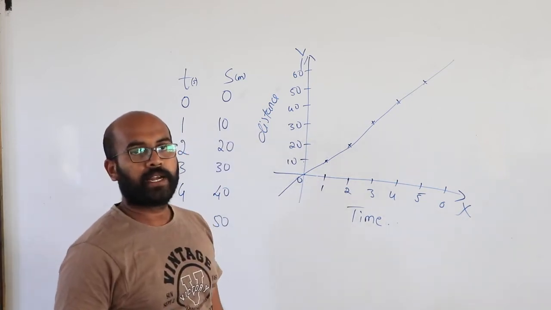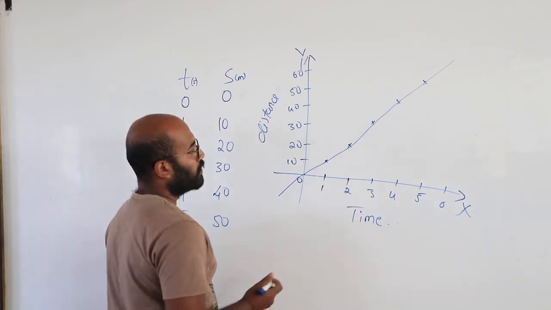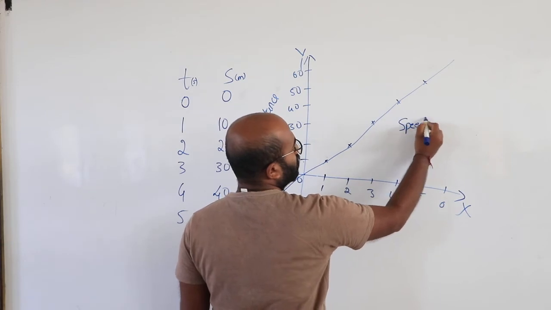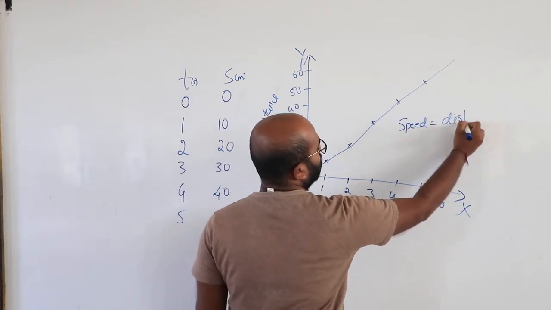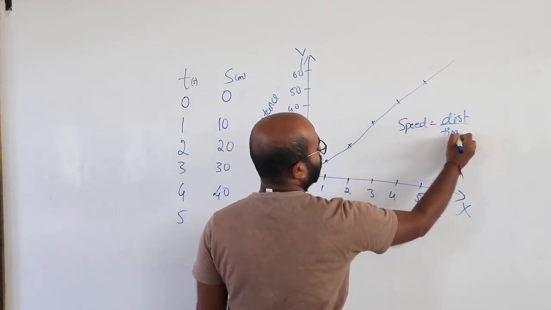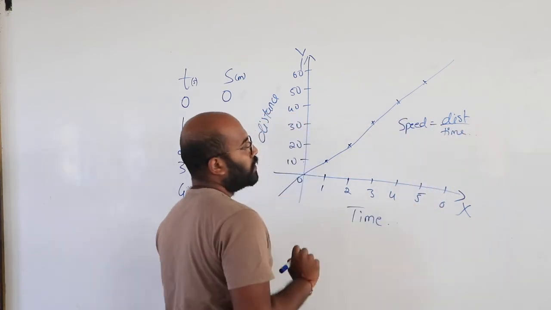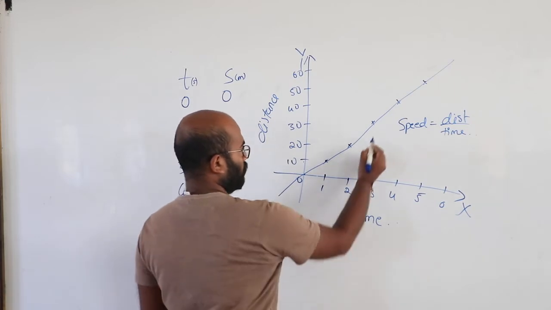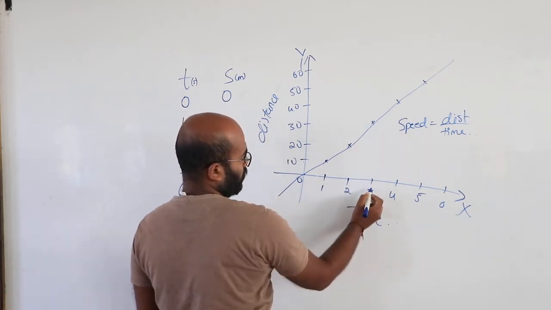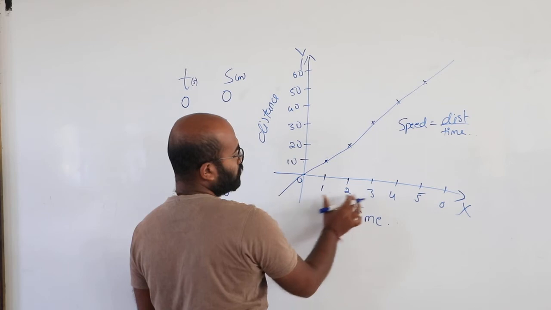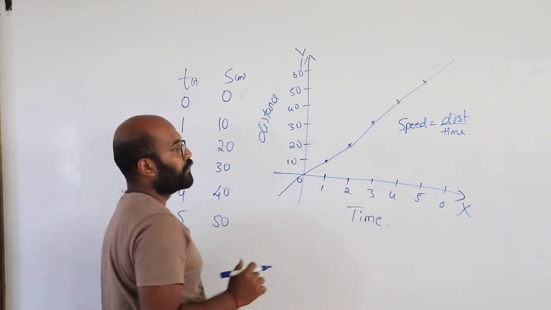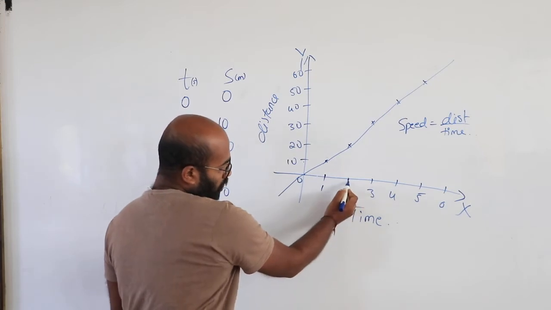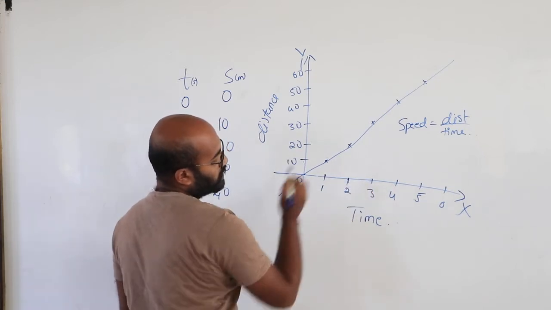So how can we calculate velocity, or speed? We know that speed is equal to distance by time. If you have to calculate speed after 3 seconds, or they might ask you, what is the speed from 2 seconds to 3 seconds?